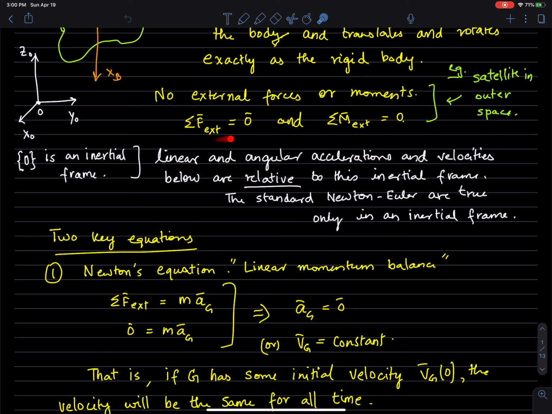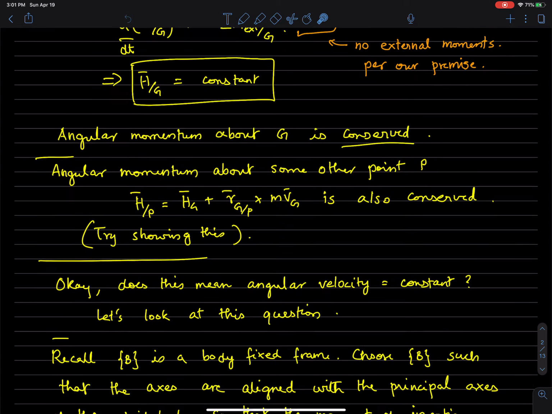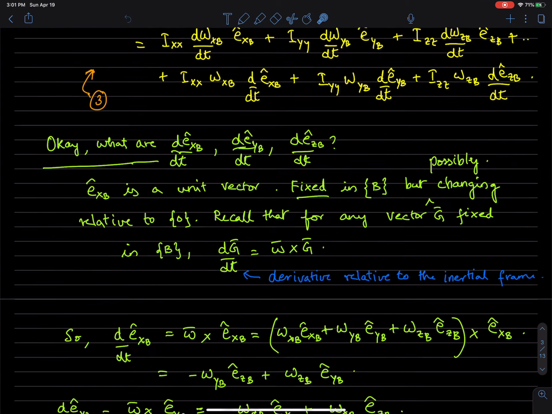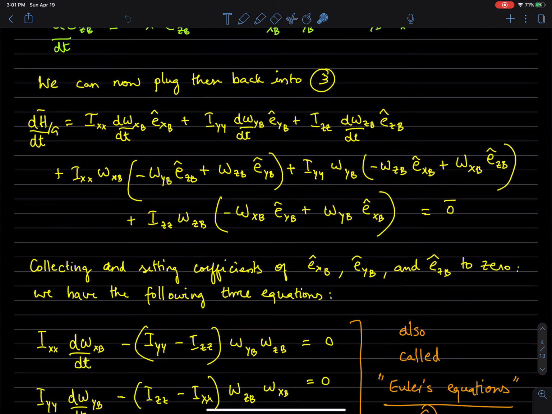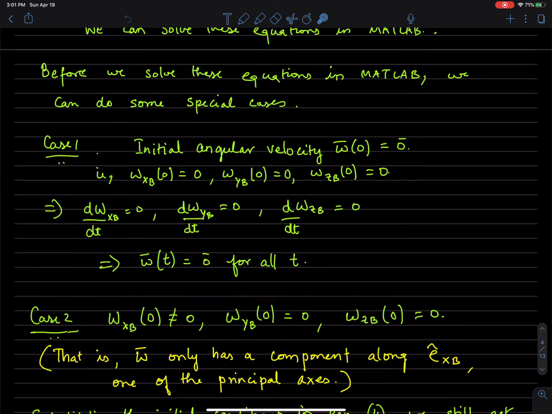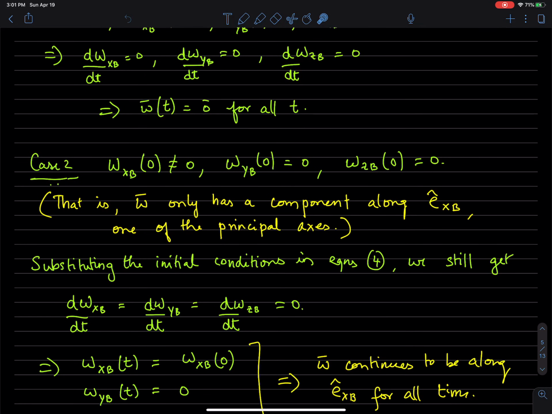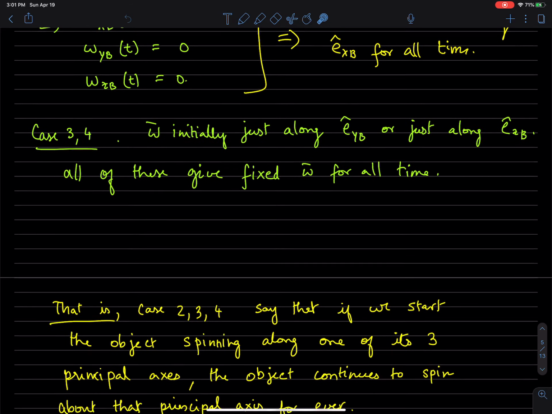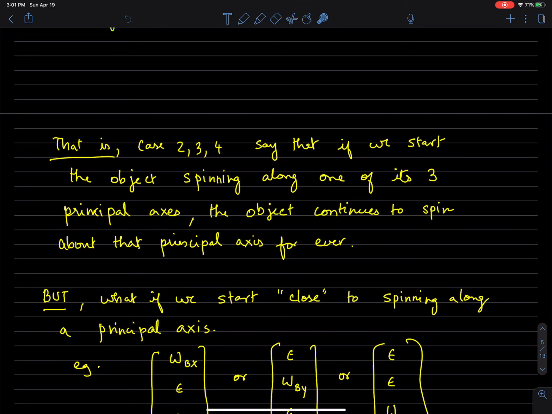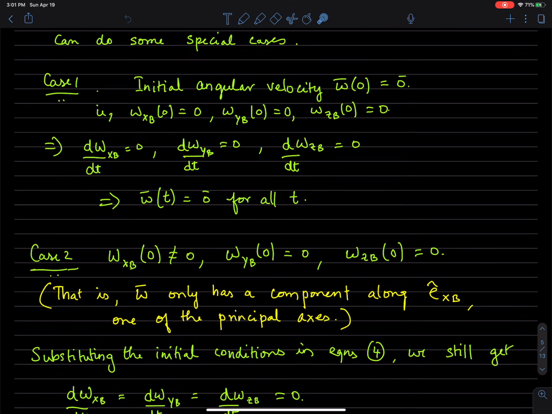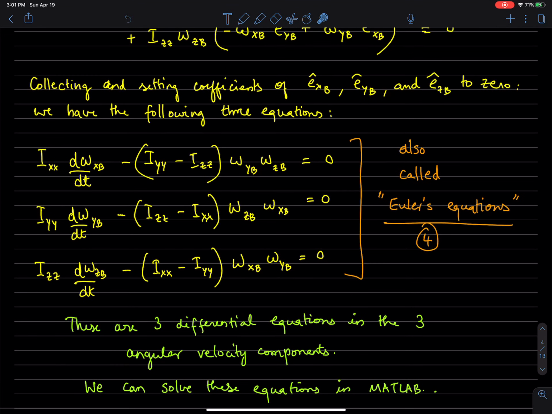This condition of no forces and no moments is sort of like a satellite in outer space. We'll see that exactly the same equations apply if you have a body falling toward Earth but potentially spinning. In any case, these are the three differential equations.